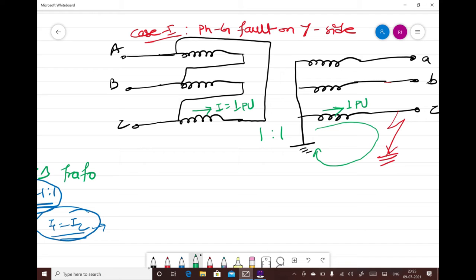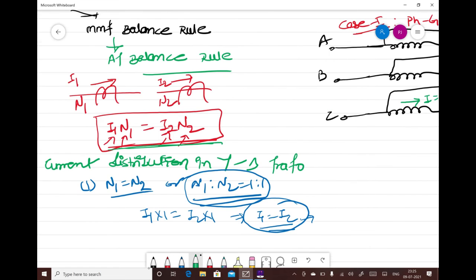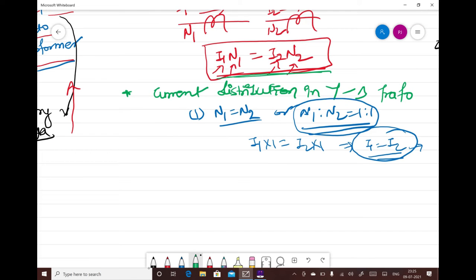The second assumption that we are making here is that load current is negligible, only for our analysis purpose.